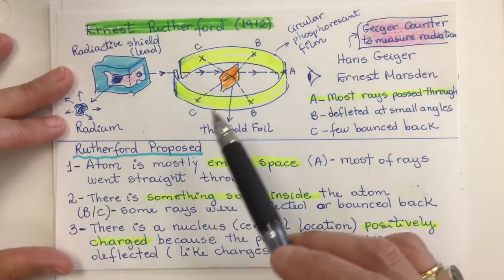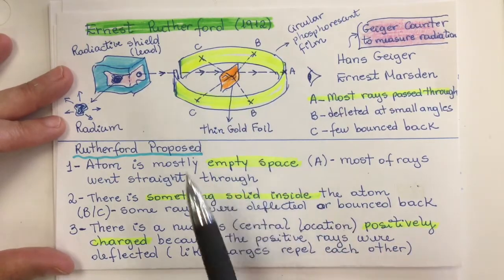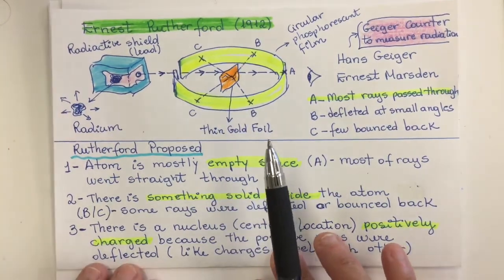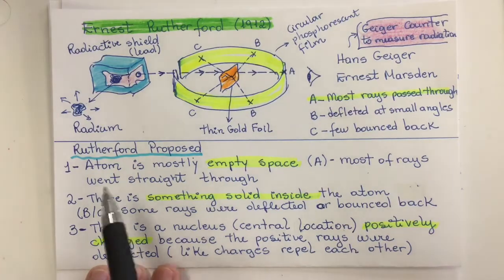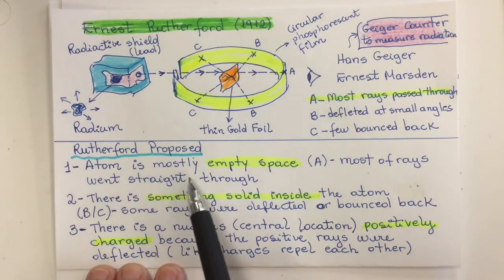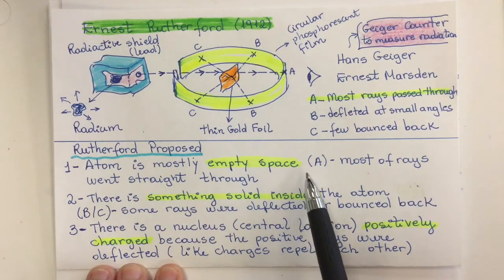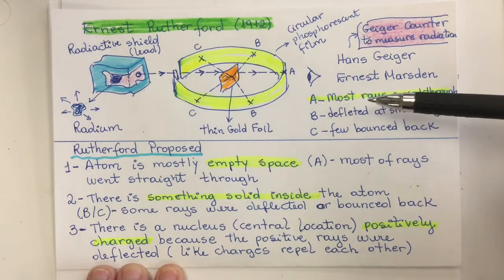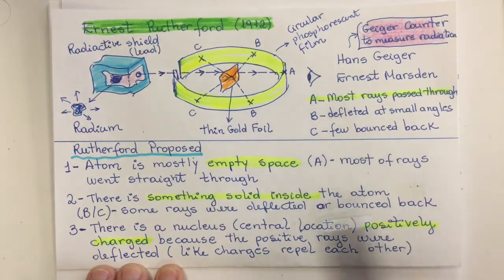Based on Rutherford's gold foil experiment, he proposed that, one, the atom is mostly empty space, proved by A, in which most rays went straight through.